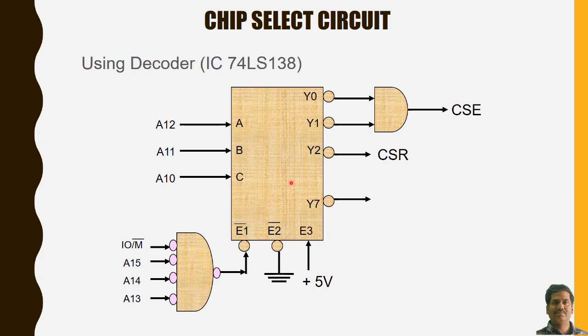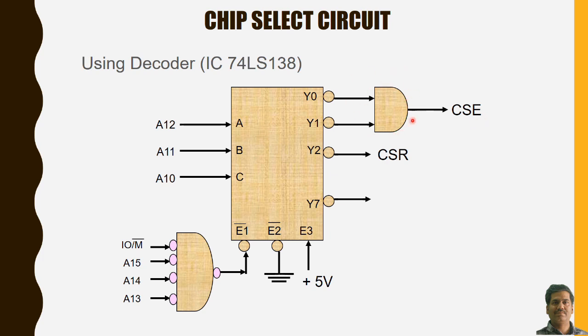Now if A, B, C are all 0, Y0 will be selected. If it is 1, Y1 will be selected, and if it is 2, Y2 will be selected. In case it is 0 and 1, we should have the chip select signal for EEPROM. That is why we have connected an AND gate over here.